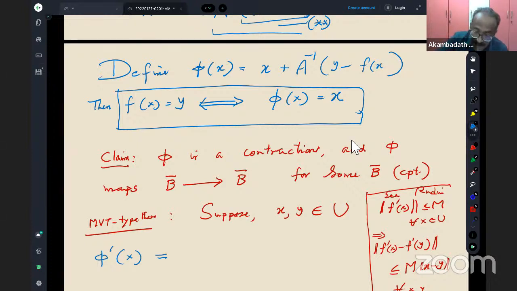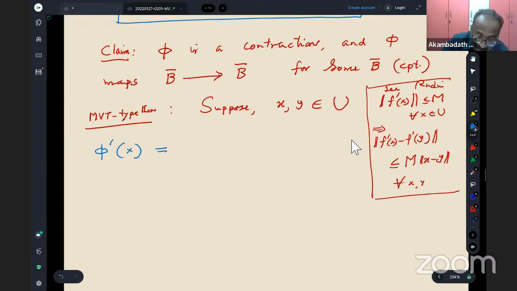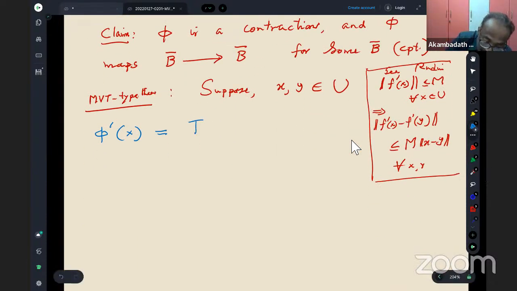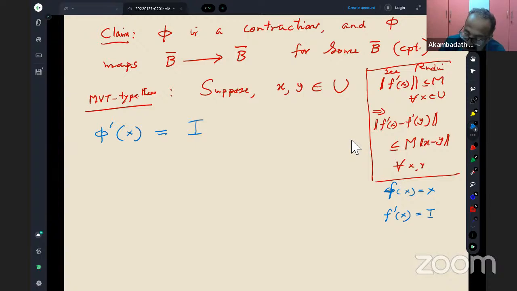If f of x equals x, it's a vector identity map, and its f prime of x is the identity. In terms of the Jacobian you can easily compute it, because only the diagonal elements will come with 1. Only for the first row you get only dx1 by dx1, 1. The remaining things are 0.